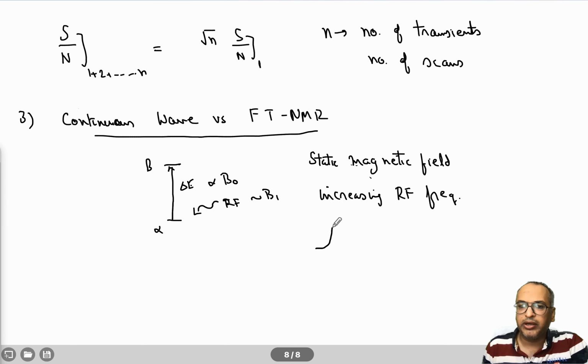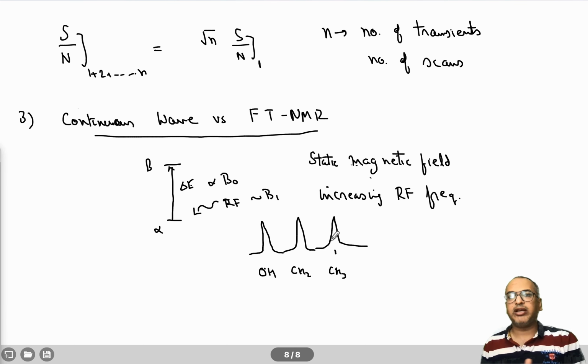So let's say you start from here, so you apply a frequency. Let's say when there is a frequency matching for CH3, you will get a signal. Then when there is a frequency matching between omega CH2 and the applied frequency, there would be a CH2 signal. And then when there is a frequency matching between OH, Larmor precession, and the applied frequency, there would be an OH signal, right? So you can increase the frequency by changing the current in the RF coil gradually, right?